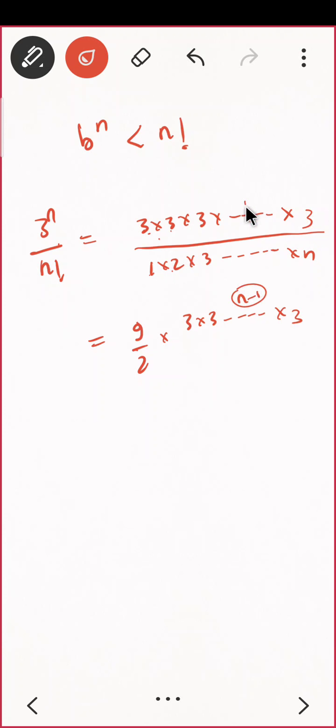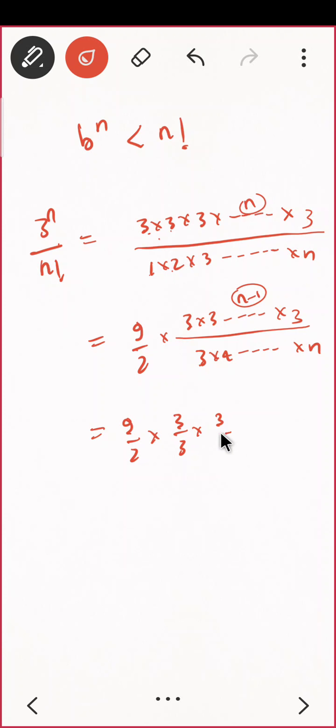Earlier it was n times, and here it will be 3 into 4 into like that up to n. Now 9 by 2 multiplied by 3 by 3 multiplied by 3 by 4 multiplied by 3 by 5 and multiplied by 3 by n.